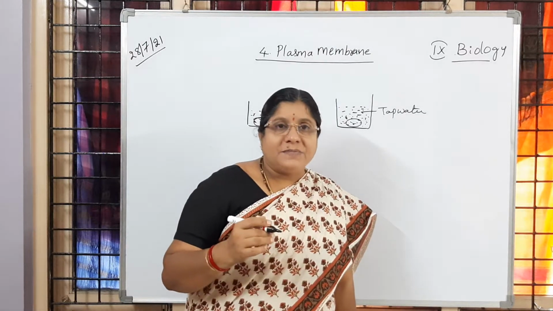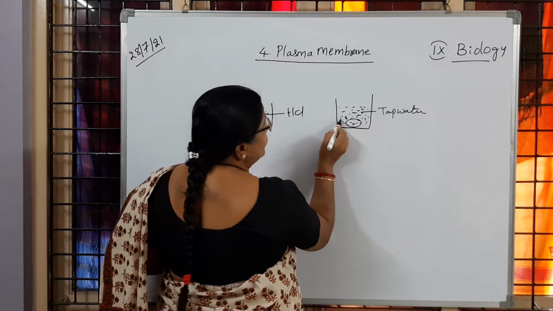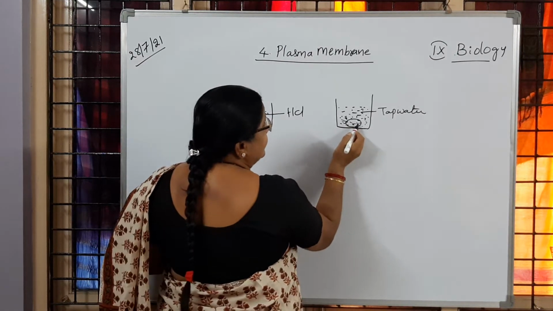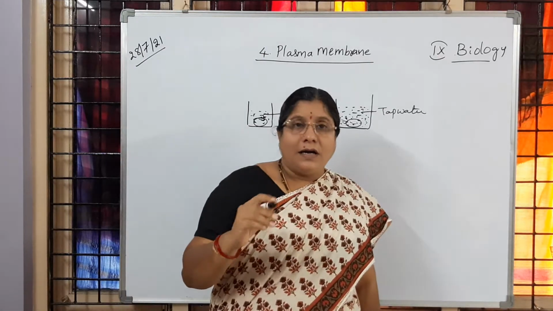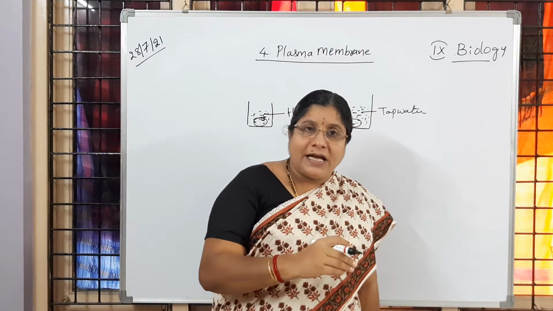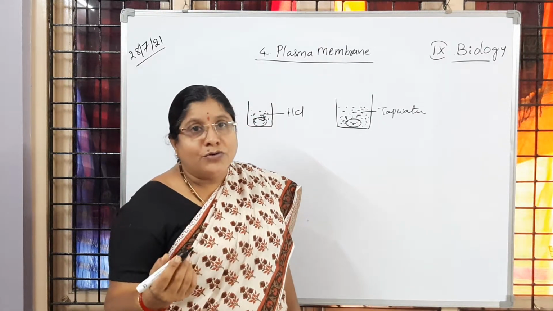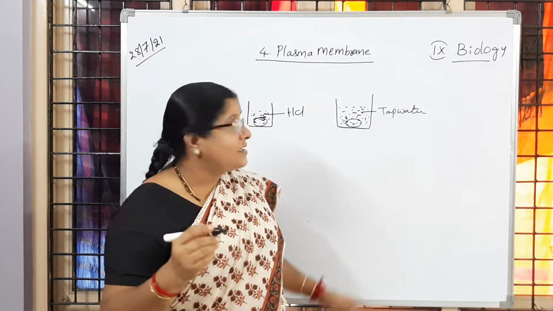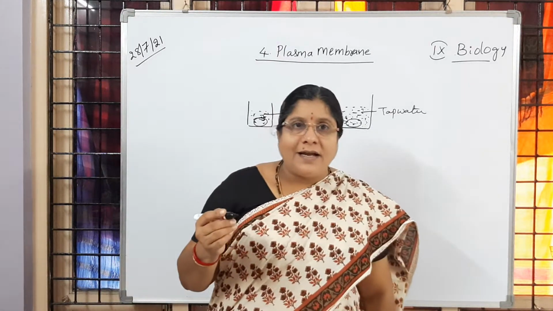What will be our observation? The water in the beaker slowly enters the egg, and after the activity duration, the egg is taken out and we again measure its circumference with the tape. Now what will be your observation?